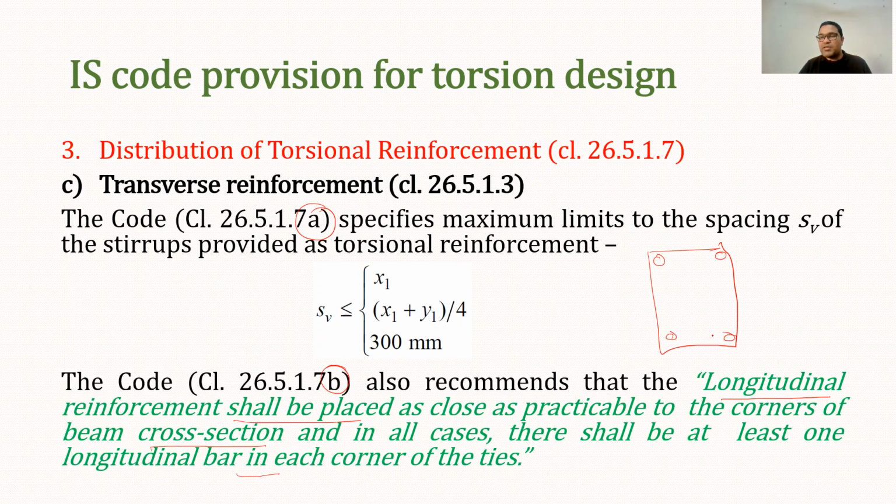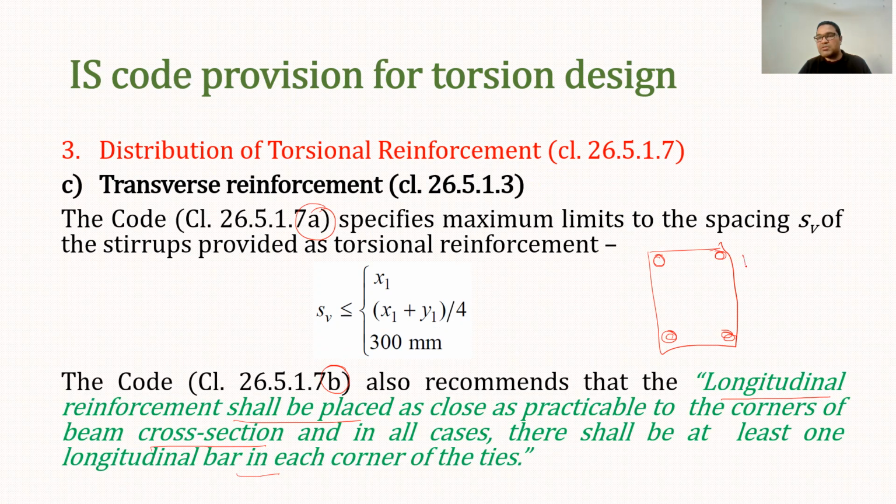Because warping of the corner will occur because of the torsion. To avoid that warping, we provide reinforcement near the corner as much as possible, and there shall be at least one bar at the corner.